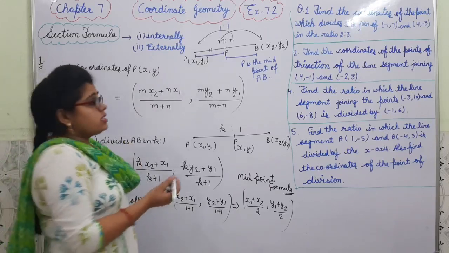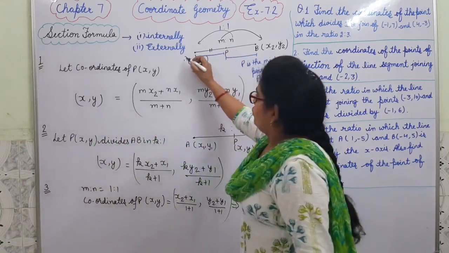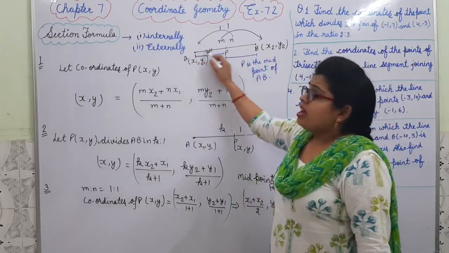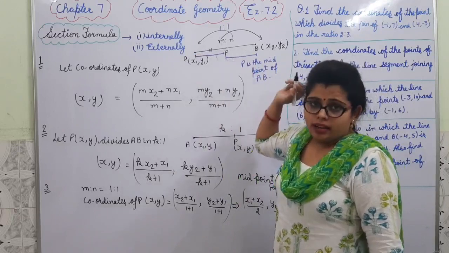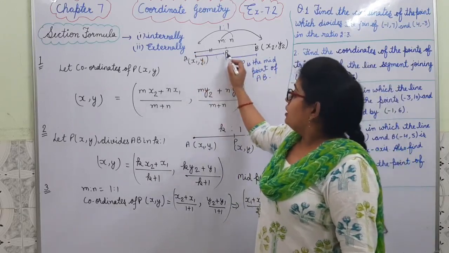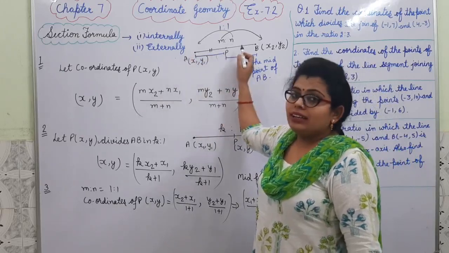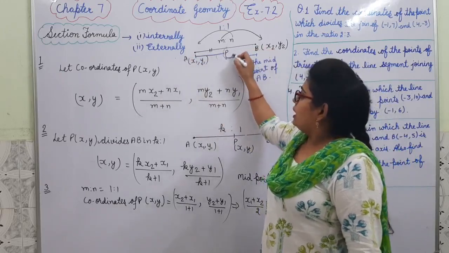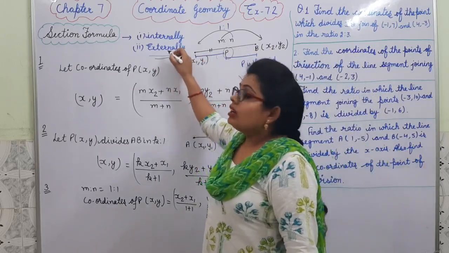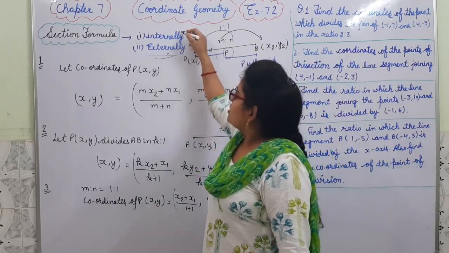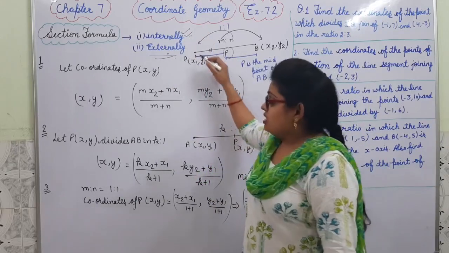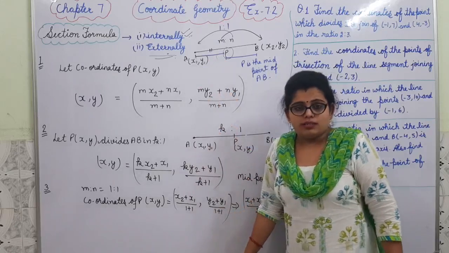In the internal case, this point P will divide AB in between, somewhere in the middle of AB, means the interior part. And if externally is given, it means this P is outside the AB. This case we will study in class 11 in our syllabus. Only this much is given. So dear students, these are our formulas.